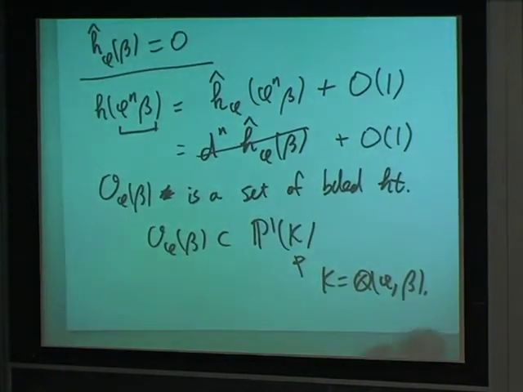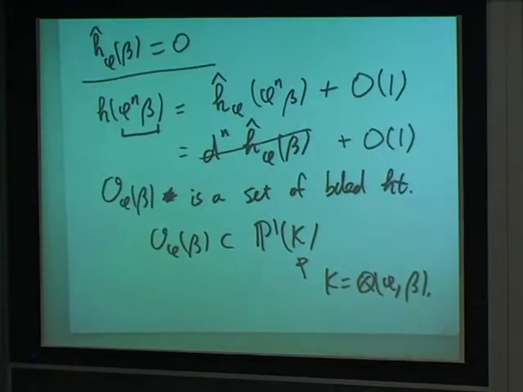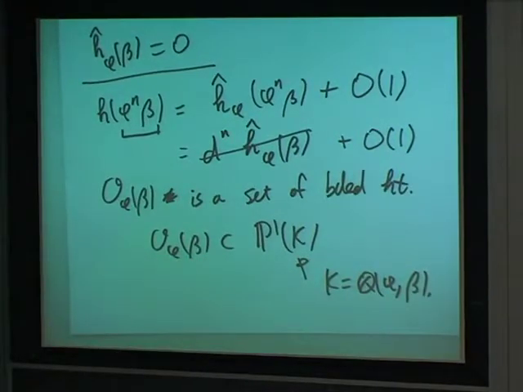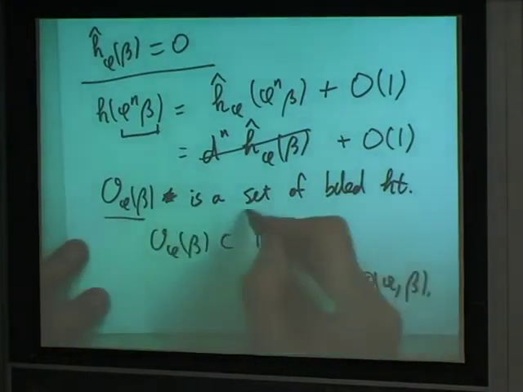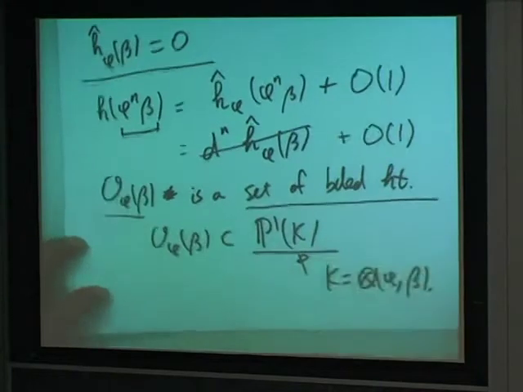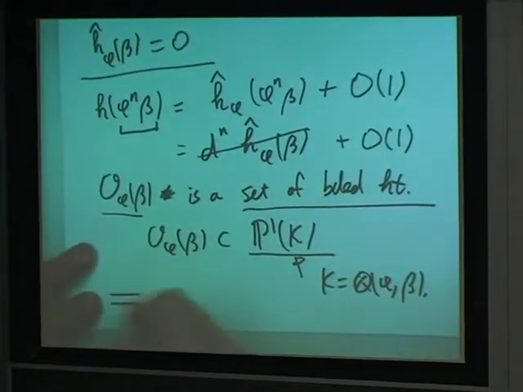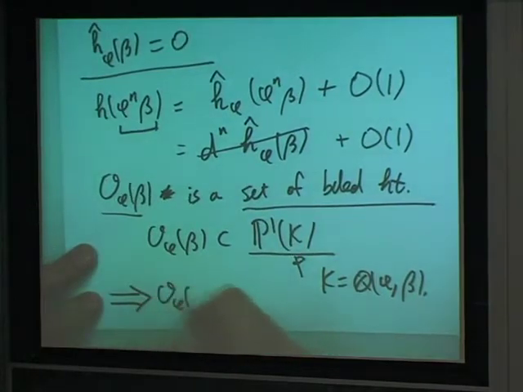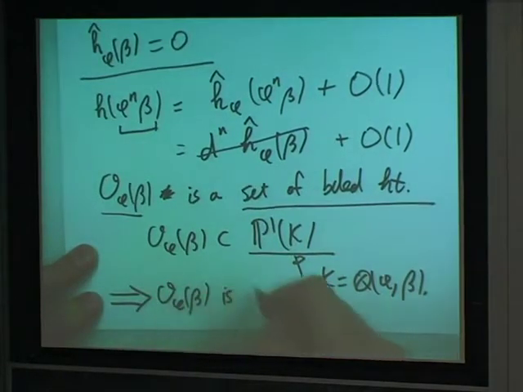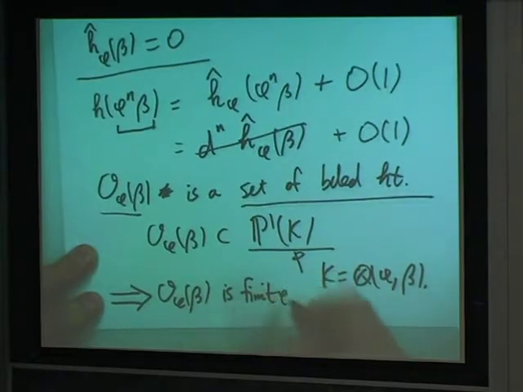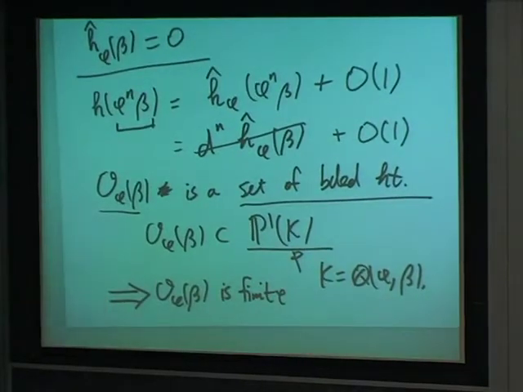Because once you have the coefficients of phi and beta, if you apply phi to a point there, you'll just get another point there. So the orbit is a set of bounded height defined over a number field. And just from a standard property of heights, that implies that the orbit is finite, which is exactly the definition of beta being preperiodic. Okay, so that's easy. So that was part C.